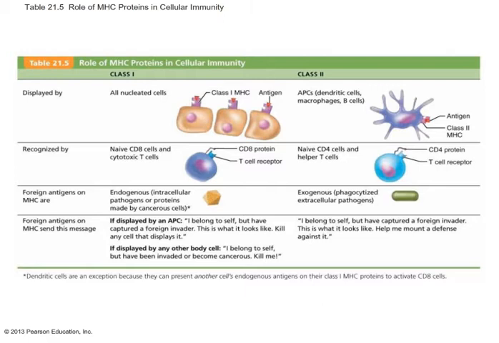In this case, an MHC1 with a foreign antigen attached to it tells the cells of the immune system, I belong to your own body, but I have been infected, so kill me. Whereas an MHC2 marker that's also expressing a non-native antigen says, I belong to your own body, but I have captured a foreign invader, and so you should alert the other cells of the immune system.